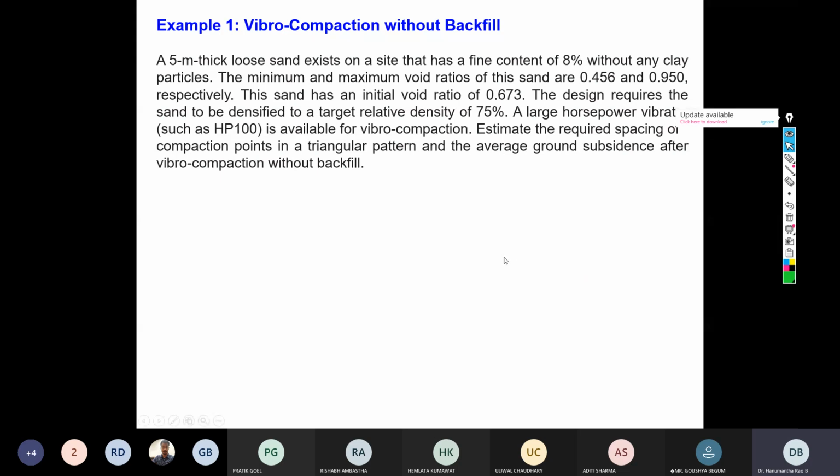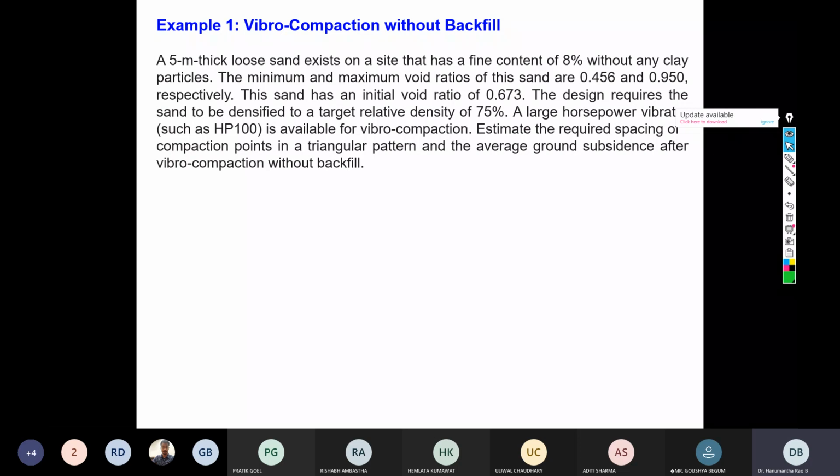I request you all to note down this sum, on how to calculate the subsidence. A 5 meter thick loose sand exists on a site that has a fines content of 8% without any clay particles. The minimum and maximum void ratios of this sand are 0.456 and 0.950 respectively. This sand has an initial void ratio of 0.673.